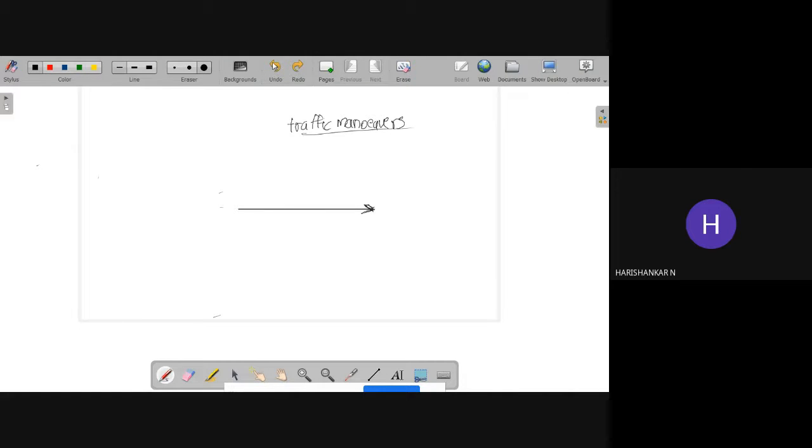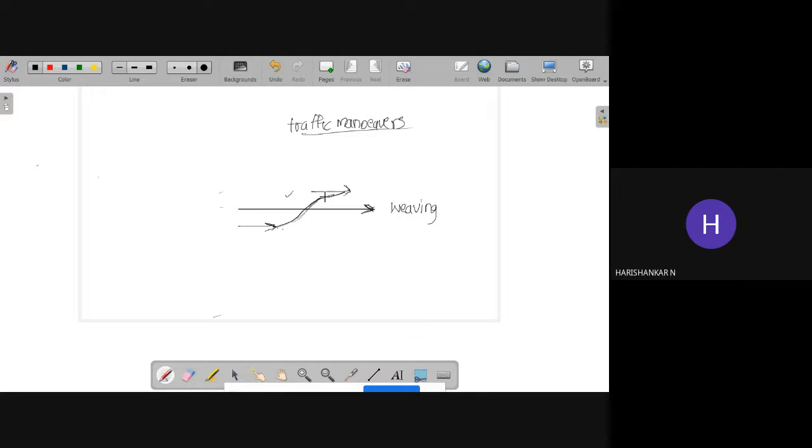And another kind of movement is known as weaving. So weaving means, suppose you are moving in this direction, and you want to change the lane. You want to change from this lane to this lane. So what should you do? You have to perform an operation like this. Okay, so what have you done?